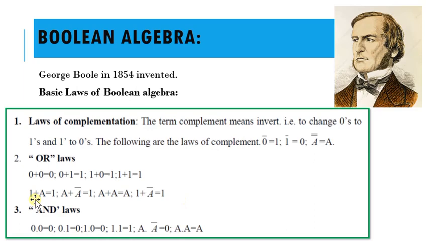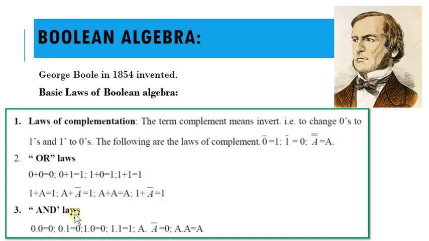That means to say a can either be 0 or 1. 1 plus 0 is 1, 1 plus 1 is equal to 1. 0 plus 1 is equal to 1, or 0 plus 0 is equal to 0. 1 plus, this can either be a 0 or 1, will be equal to 1.